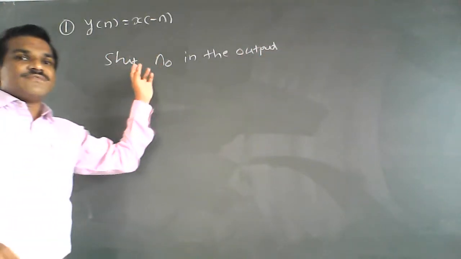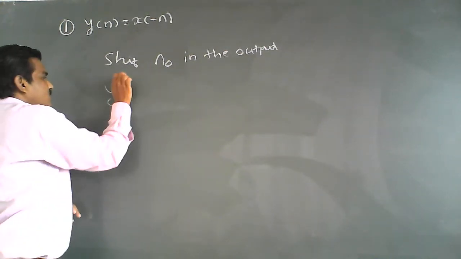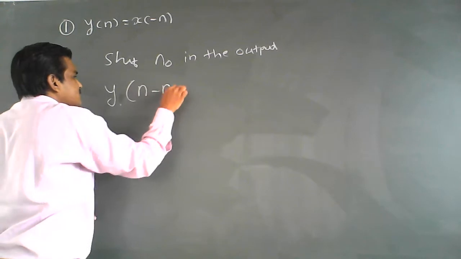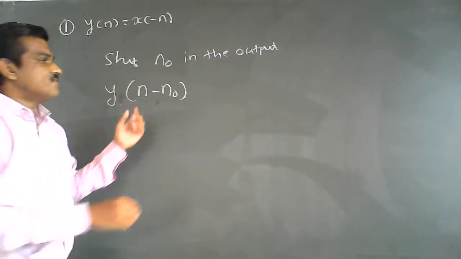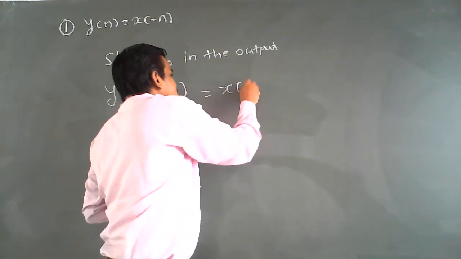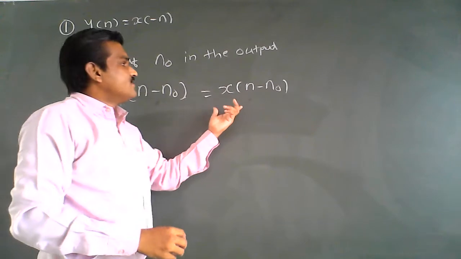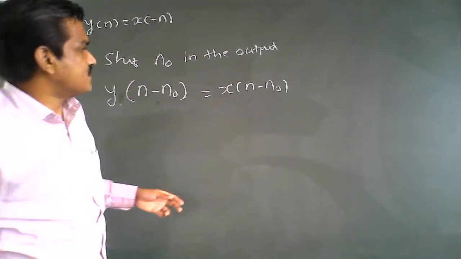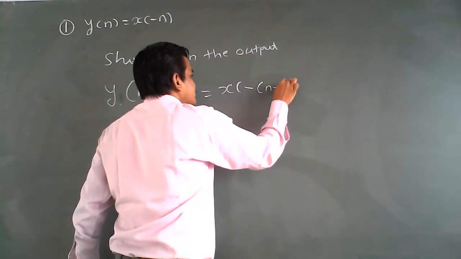So y of n becomes y of n minus n0, which is a delay by n0, and that is x of minus n minus n0. Remember it.